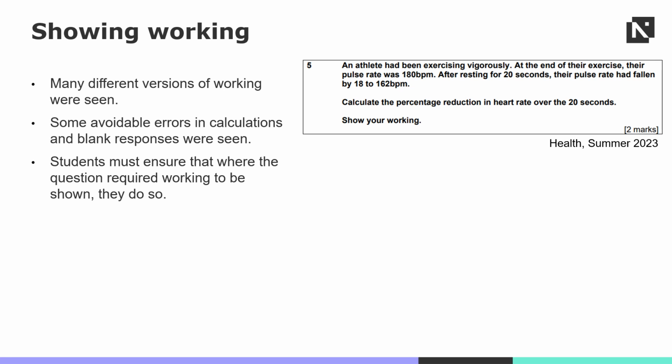And that's fine. If students use a different method to one that you're familiar with, encourage that. And sometimes them showing their peers can be really useful as well. However, there were some avoidable calculation errors seen, so students should allow time to carefully check and proofread their answers.